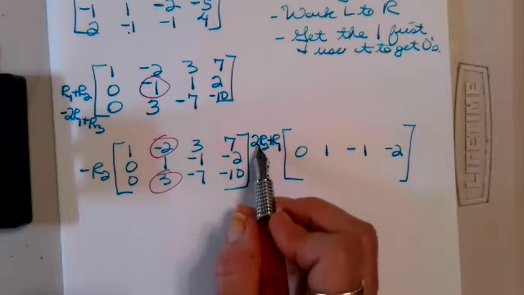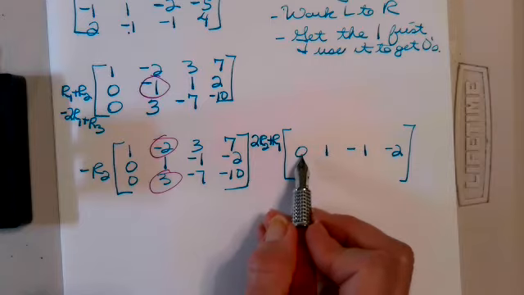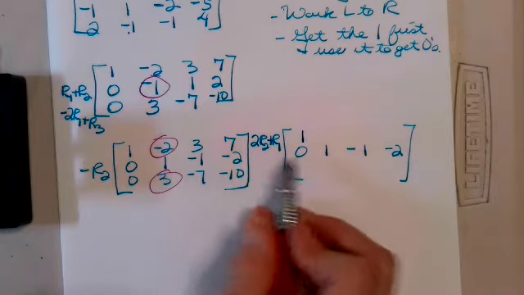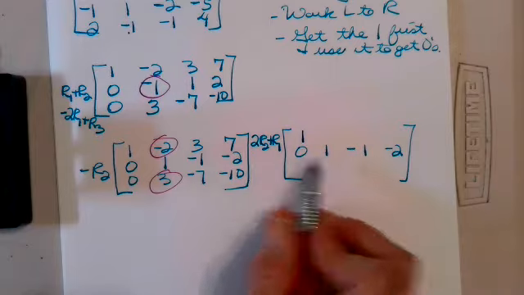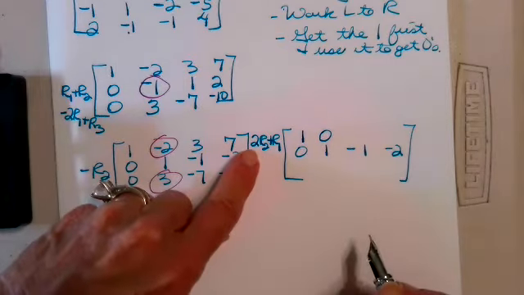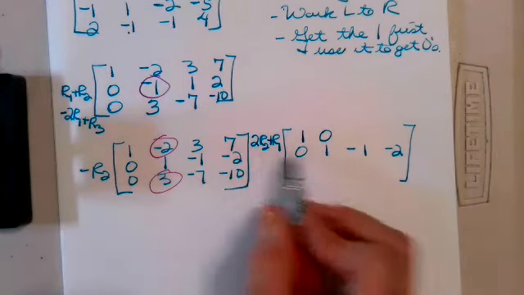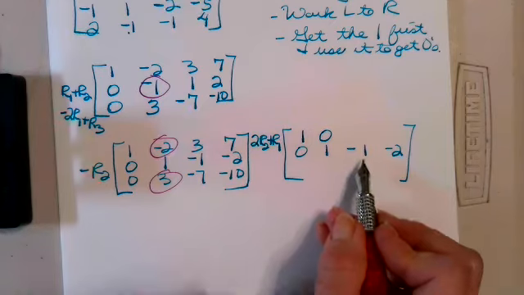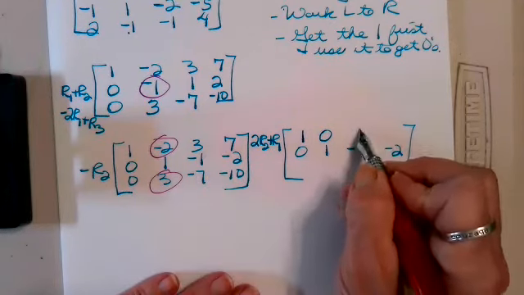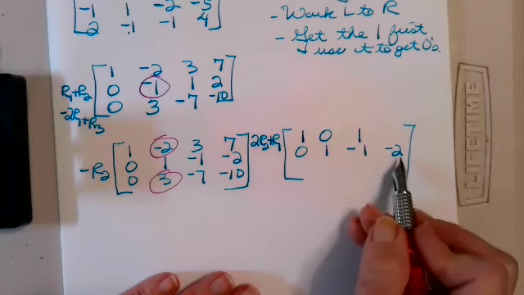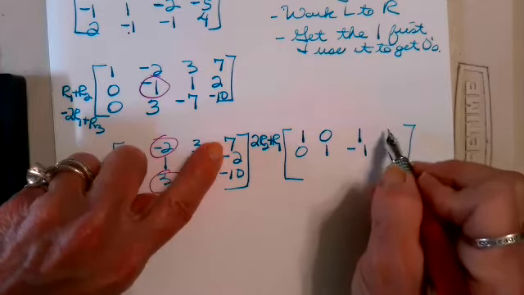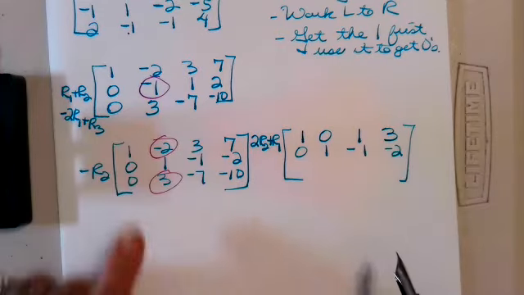So now when I do that, I carry out the operation. 2 times 0 is 0 and added to 1, that's 1. 2 times 1 is 2, added to minus 2, it's 0. That's why we picked multiply by 2. Okay. 2 times minus 1 is minus 2 and added to 3, that gives you 1. And 2 times minus 2 is minus 4, and I add that to 7, that gives me 3. All right.